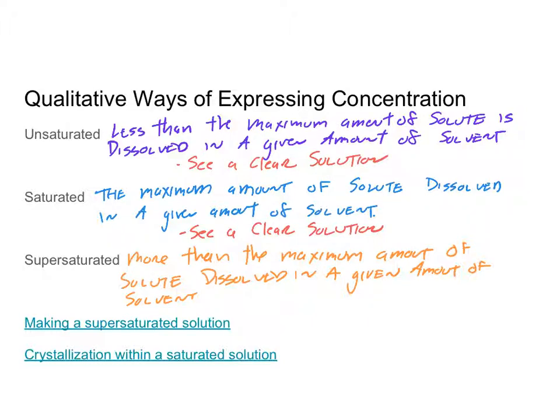If you were to look at a supersaturated solution, you would also see a clear solution. The major difference, though, is that in a saturated solution, there might be some solid sitting at the bottom.